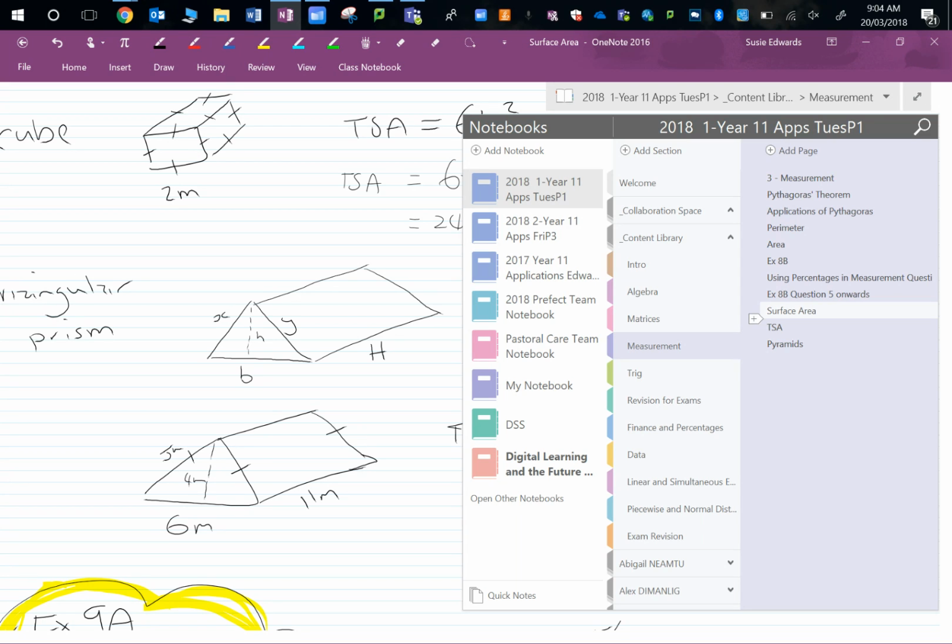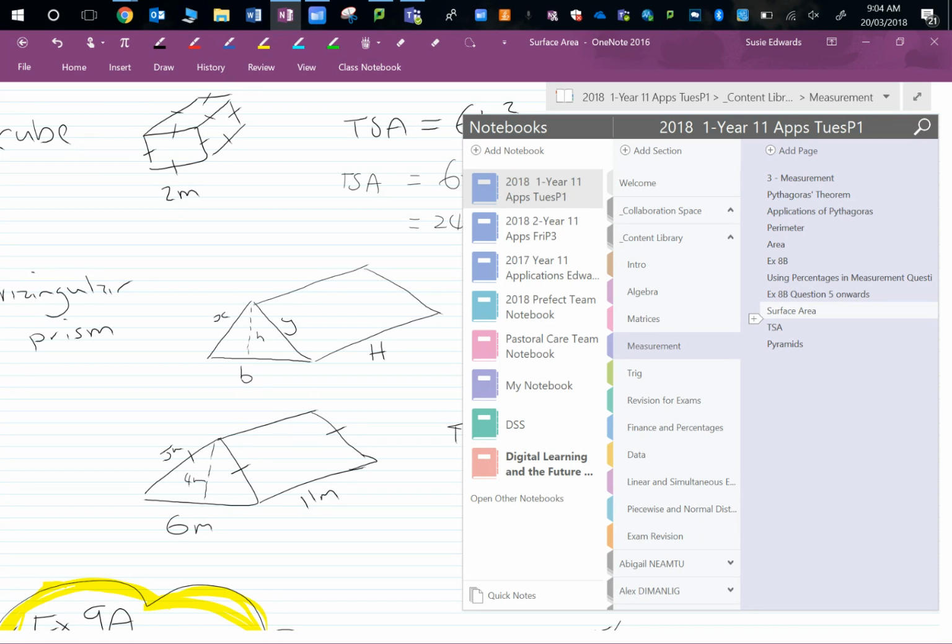It might say a can with no lid, and that would mean you'd have the base and the rectangle. Or it might say a closed cylinder, and a closed cylinder would be this whole shape.